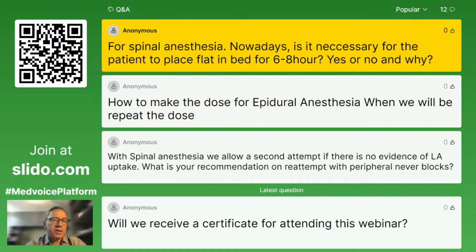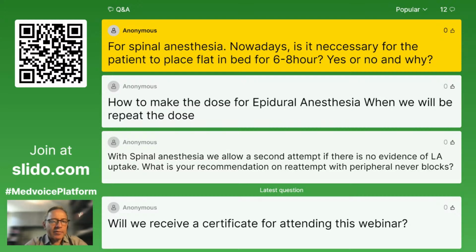We do administer spinal anesthesia in ambulatory settings using short-acting anesthetics like prilocaine, for example, and chloroprocaine. And with these patients, their spinal anesthesia will last anything from 45 minutes to 60 to 90 minutes, and they will be walking home in about 4 hours. So there's absolutely no need to be flat in bed for 6 to 8 hours.